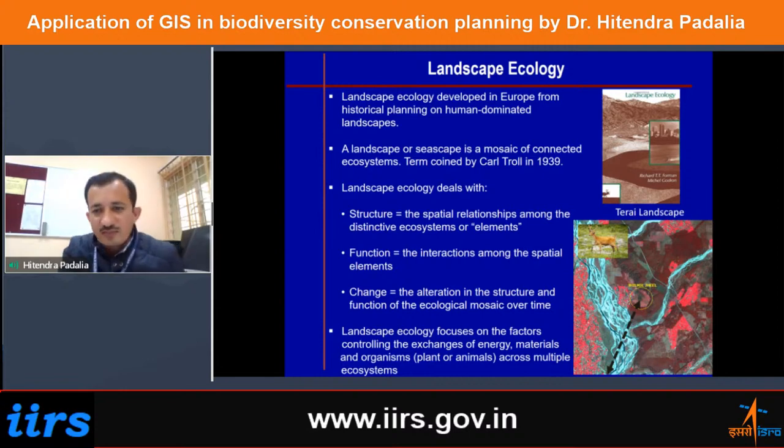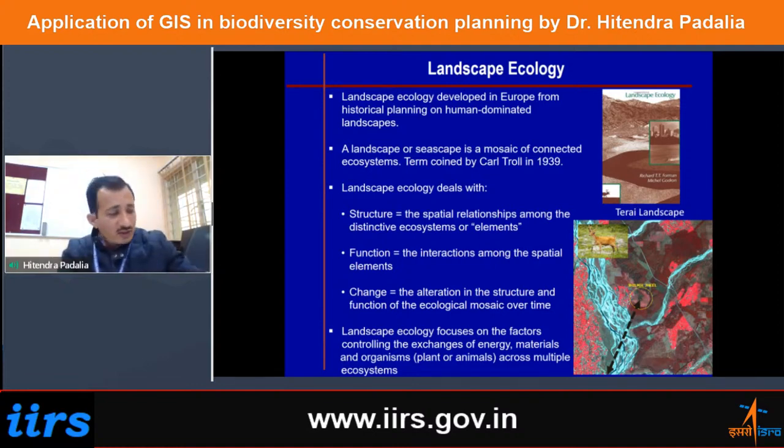This is one example showing what is possible if you have a detailed plant species database and a detailed vegetation type map. What is next? As I talked about ex situ conservation, landscape ecology is one branch which has very practical value for conservation of species and ecosystems. It evolved in Germany, and the term landscape ecology was given by Karl Troll.